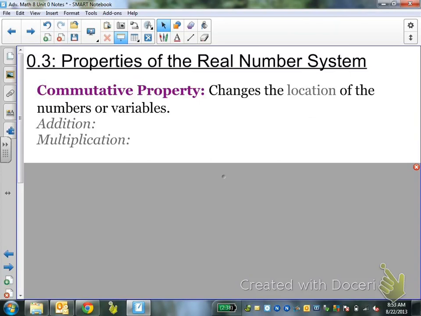There are 2 types of commutative property. There's a commutative property for addition, and there's a commutative property for multiplication. I'm going to give you some examples of each.